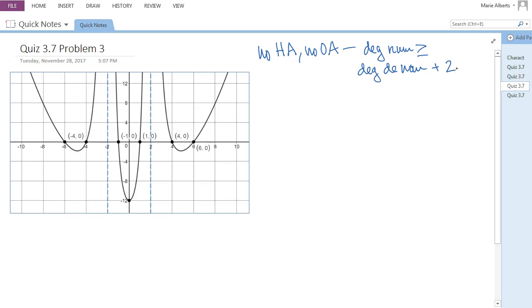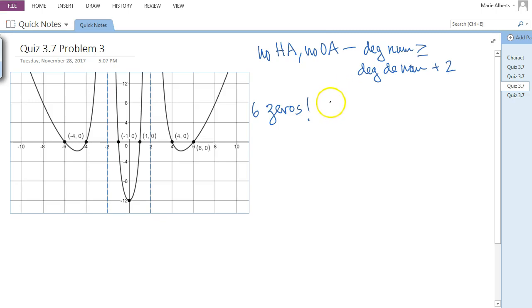Okay. Next thing that I see, I have 6 zeros. I don't think we ever had that many before. That means that each of these zeros needs to make a factor in the numerator.